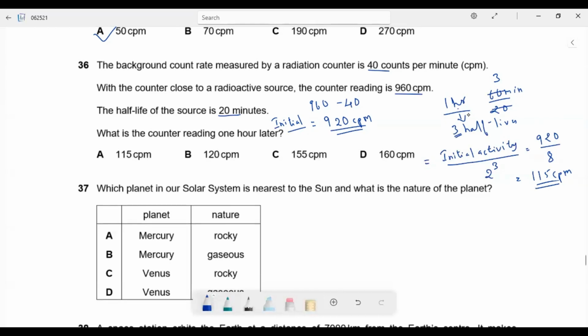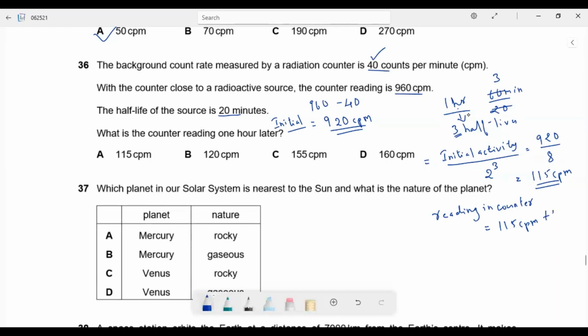And we have to calculate the reading that is shown in the counter. So reading shown in the counter means 115 CPM, and here it is background count rate is 40.